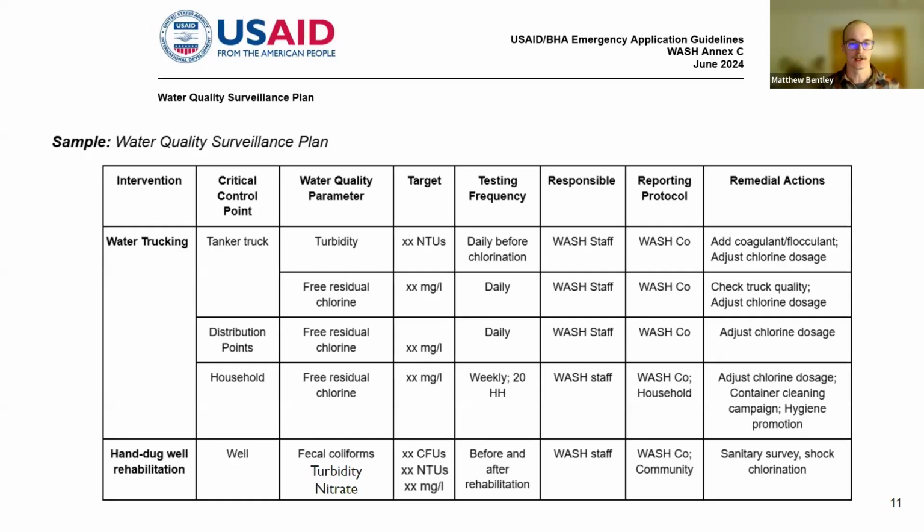And then what are we going to do if there is an exceedance, if turbidity is too high or there's not sufficient free residual chlorine? What are the actions that the partner should take to correct those things? So these are things that you all prepare as part of your application. So we're going to be talking about some of our expectations around these in the following slides. Next, please.